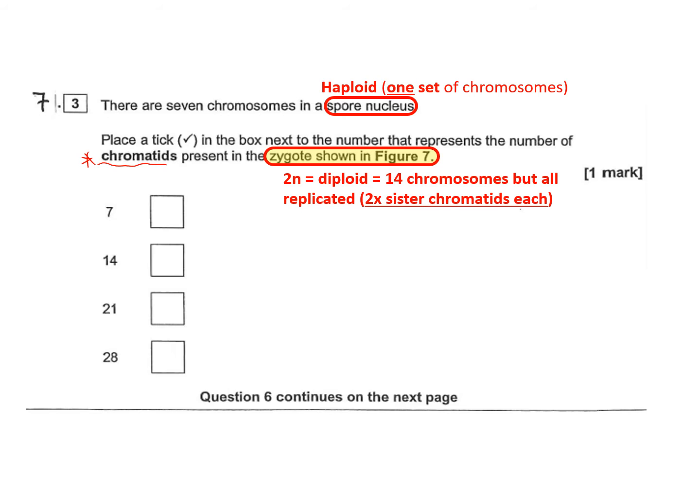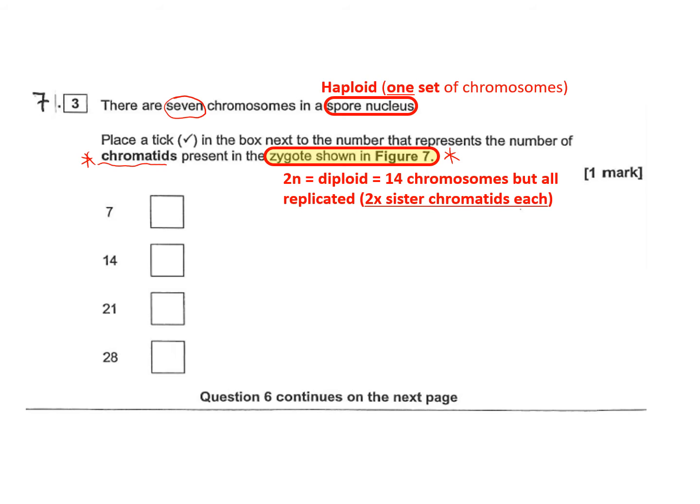That means there's going to be 14 chromosomes because 2 sets is 14 and 1 set is 7. So 1 set would be 7. Now, if you have 14 chromosomes instead of 2 chromosomes that we saw in the zygote, we know from figure 7 that each chromosome is replicated and made of 2 sister chromatids.